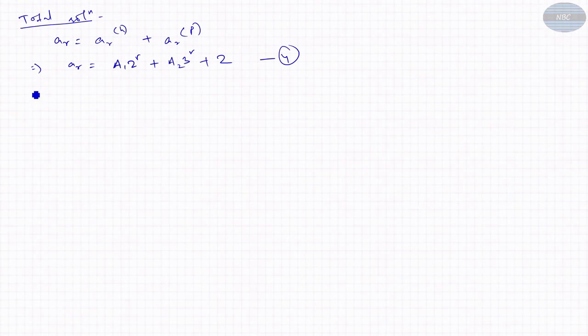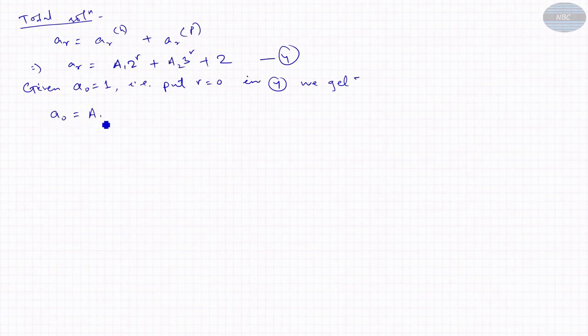Now we have boundary conditions. So given a0 is equal to 1, that is, put r is equal to 0 in 4, we get a0 is equal to a1 into 2 to the power 0 plus a2 into 3 to the power 0 plus 2.